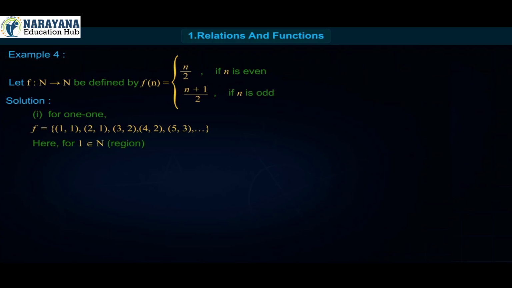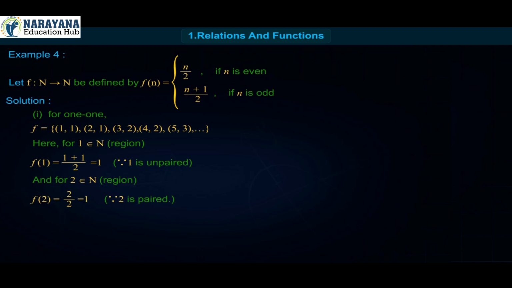Here, for 1 belonging to N, f(1) equals (1+1)/2 equals 1 because 1 is odd. And for 2 belonging to N, f(2) equals 2/2 equals 1 because 2 is even.